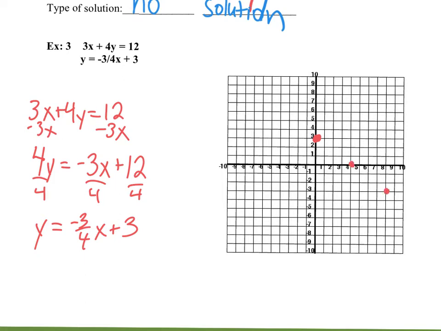Or up 3, left 4. Okay. Just like that. Hopefully yours was a little straighter than that. Another great line drawer. Okay, what about the next one?